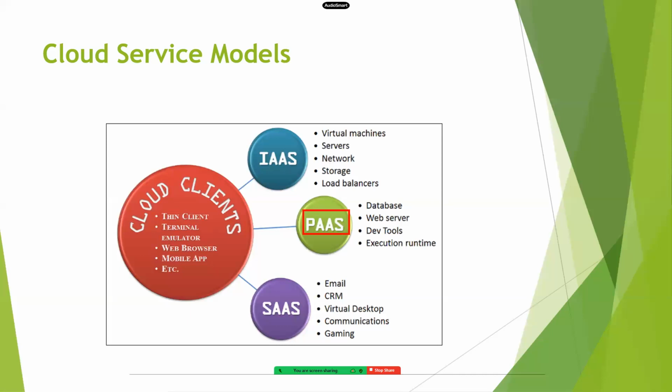On top of it, you can deploy your relevant application. Only the deployment part you have to take care of for your application. Installation, configuration, management, load balancer, you need not worry about. They come with inbuilt features. That comes under PaaS, platform as a service.